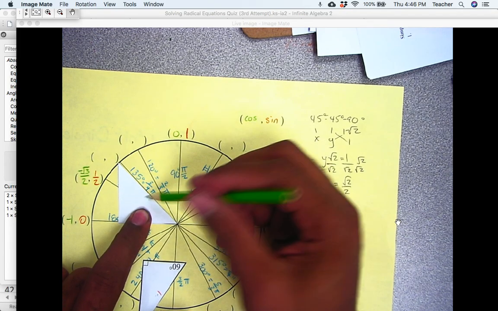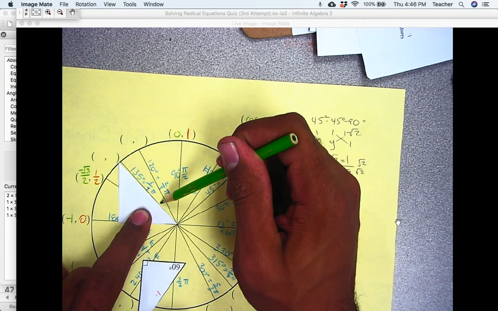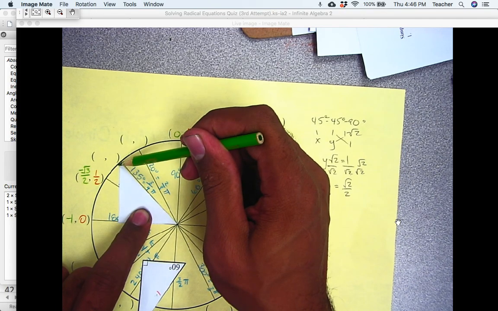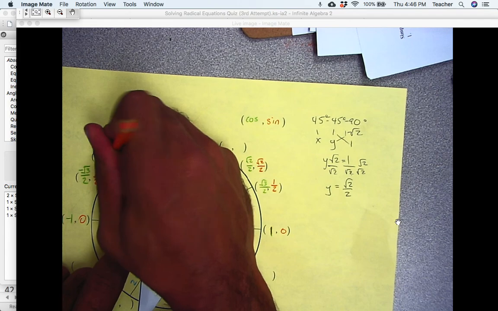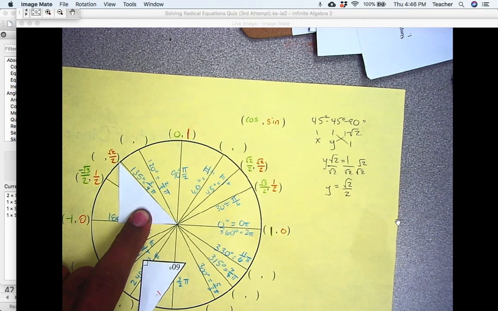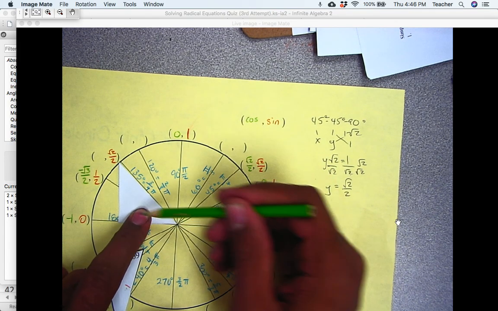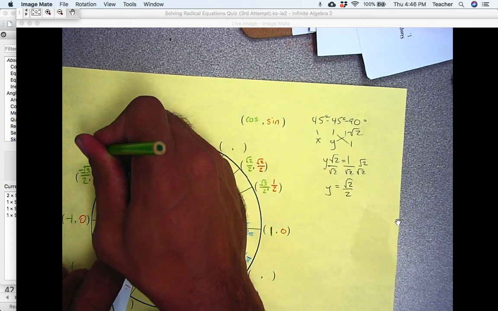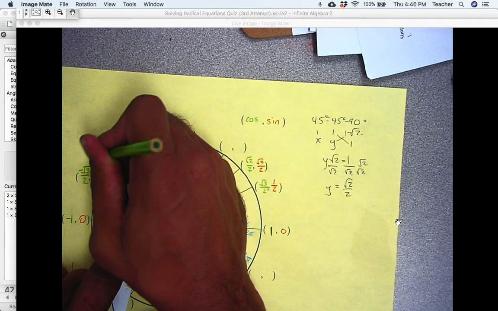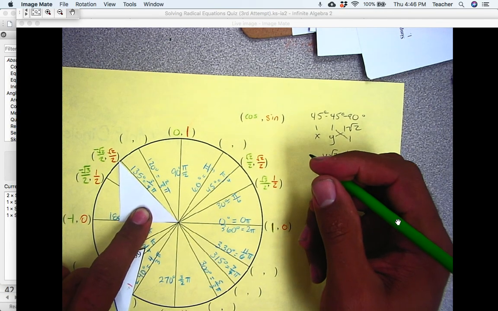It's the same distance on the hypotenuse, so it has to be the same thing for the y value here. And if it's going up, then it must be positive rad 2 over 2. But what about the x value? Now the x value is going to the left. We're going from here to here. So that means this is negative rad 2 over 2. Kind of getting the idea here.